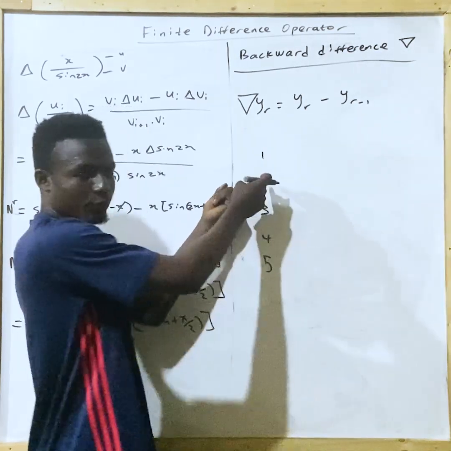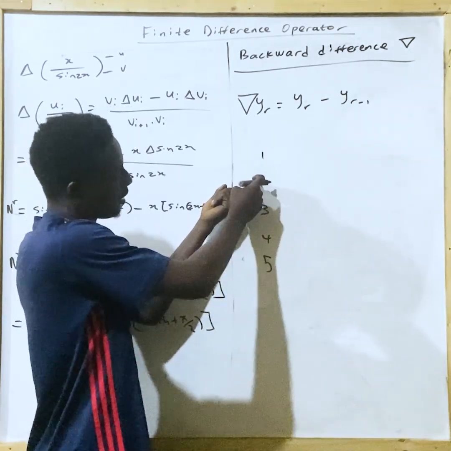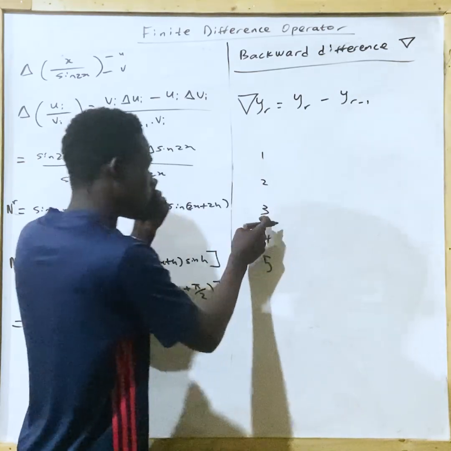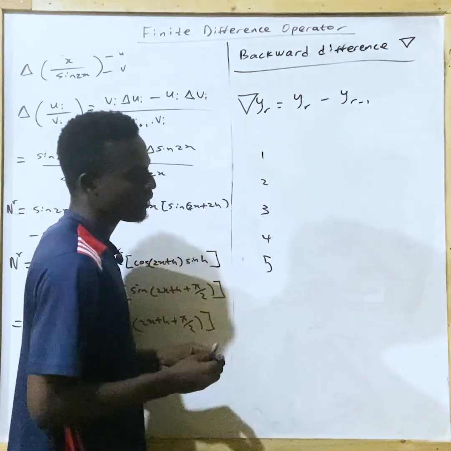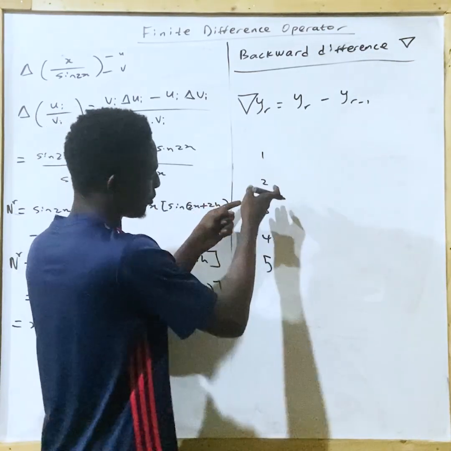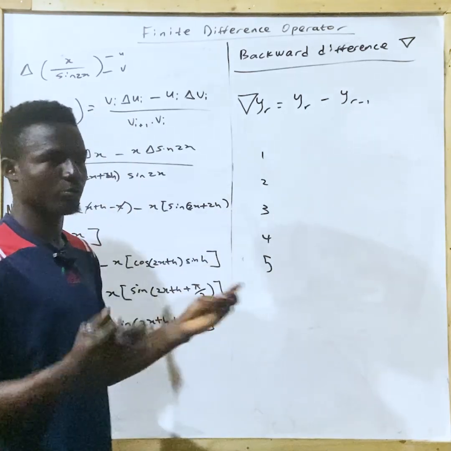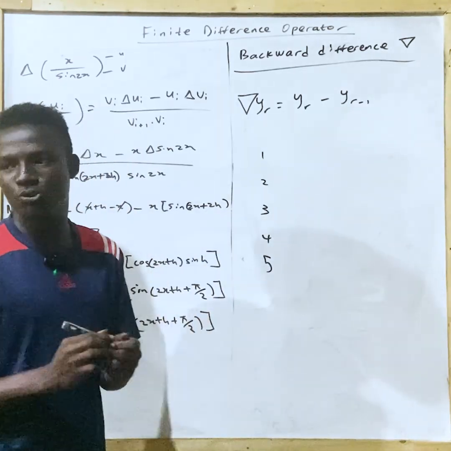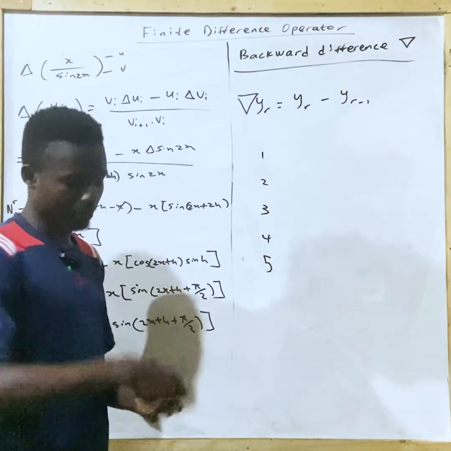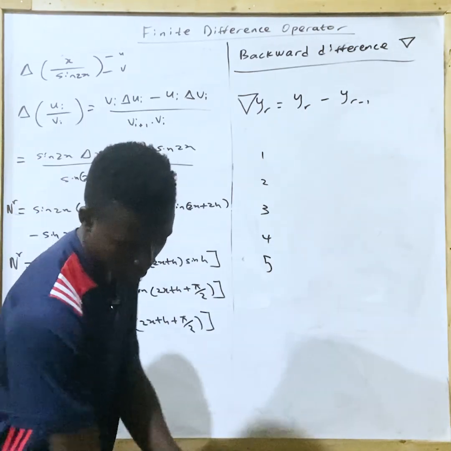But if you want to do the forward difference operator of 2, you're going to be subtracting it with what is in front. So forward difference looks for what is in front and subtracts, but backward difference looks for what is behind it and subtracts. We're going to see more of that.